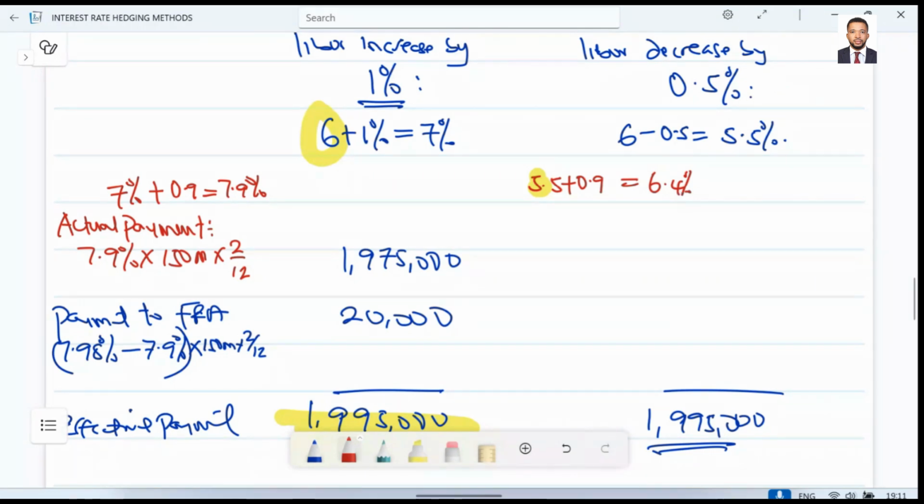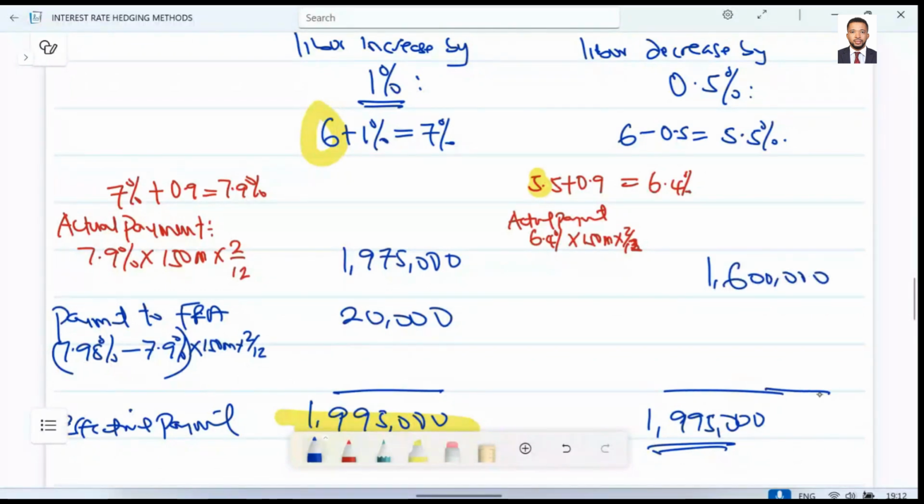So my actual payment here will be 6.4% multiplied by 150 million multiplied by 2/12. How much is this? 1.6 million, 1,600,000.